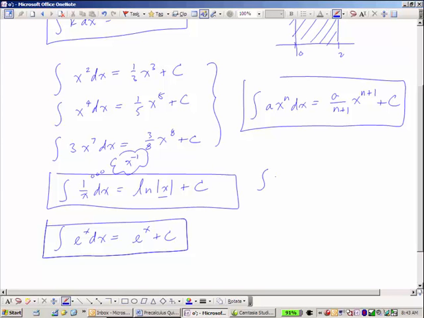Sin x plus negative sin. Positive or negative? This is the debate we have. Is it negative?